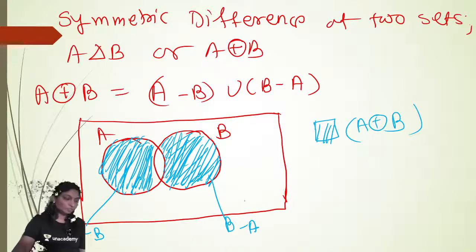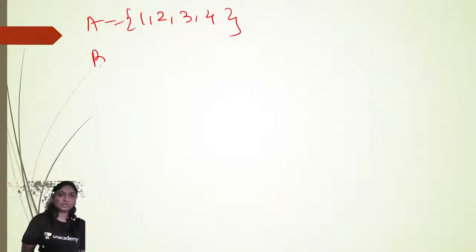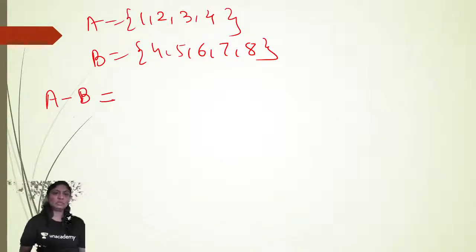Yeah. So the union of these two, A minus B union B minus A. Now next, we can take any set, suppose A is equal to {1, 2, 3, 4}, B is equal to {4, 5, 6, 7, 8}, right? So how can we write A difference B? A difference B is the elements which are in A but not in B, only 1, 2, 3, right?